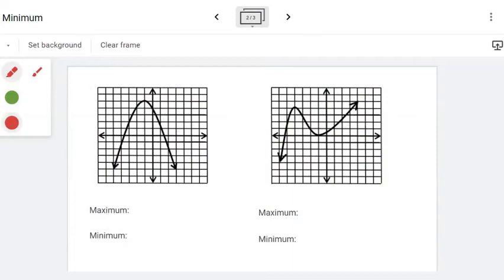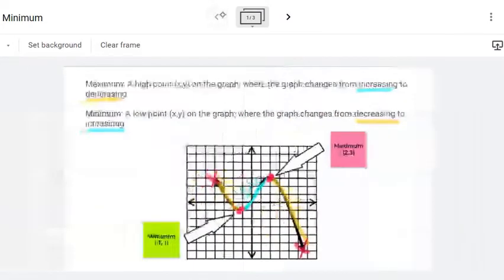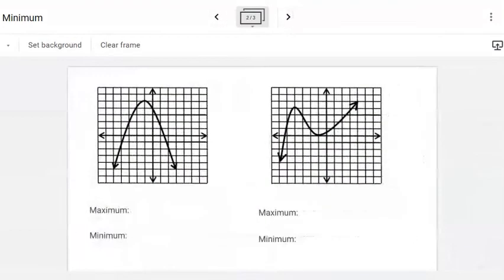So here, again, I'm going to use my same colors. Increasing was blue. So here I'm increasing and then changing to decreasing, okay? That point where it changes from increasing to decreasing would be my maximum. So my maximum here is going to be this point.